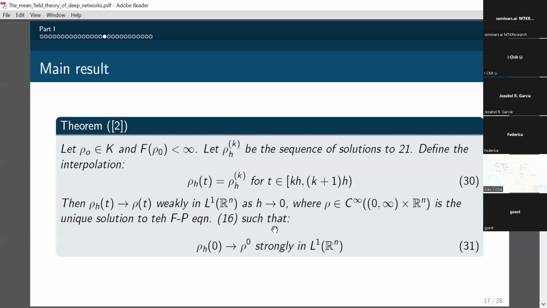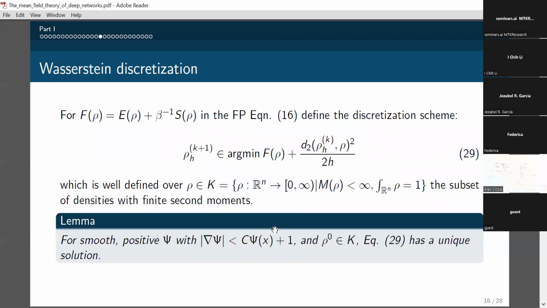And this is something that you should see from the minimizing movement scheme, where h is basically a type of step size. You're expecting that rho_h^{k+1} and rho_h^k differ by something that is bounded by some function of h, and this will be effectively what brings this together to converge to a uniform solution of the Fokker-Planck equation.